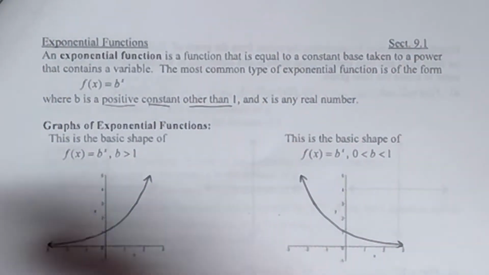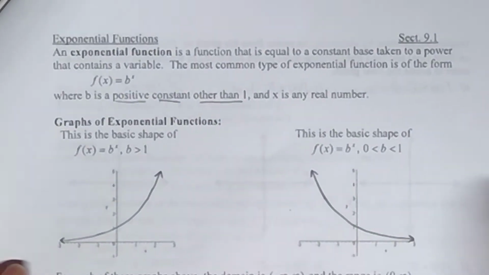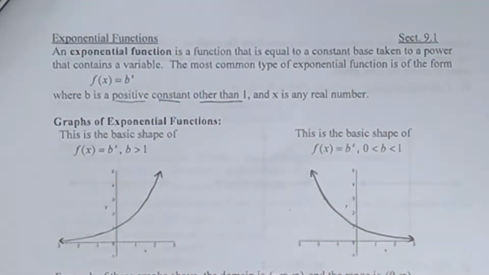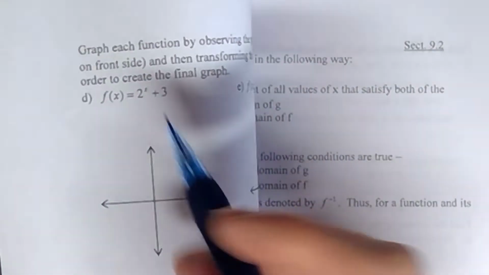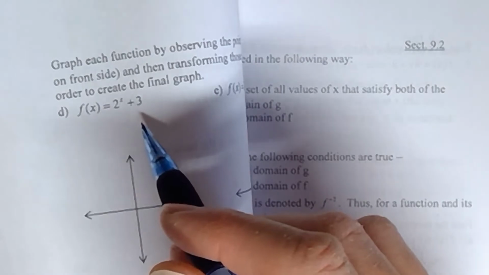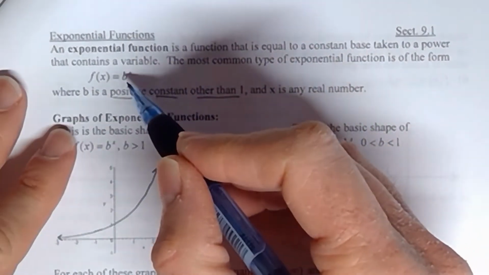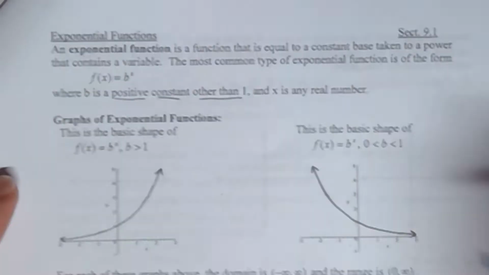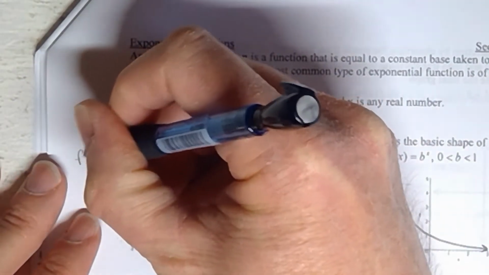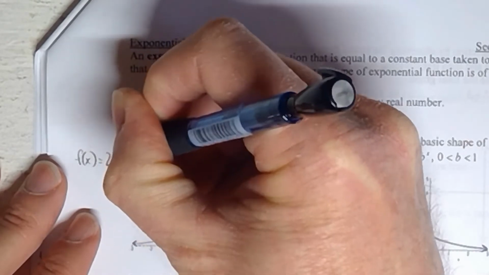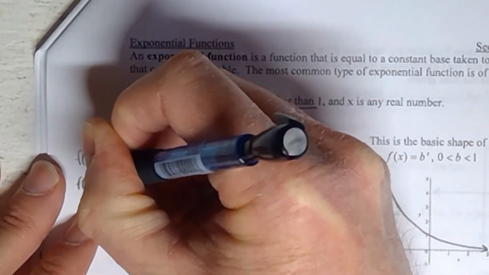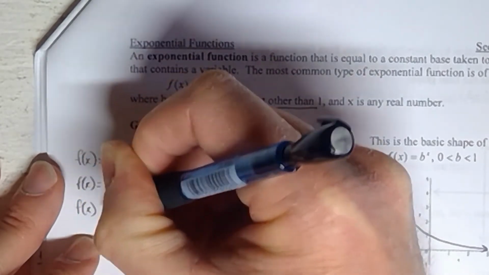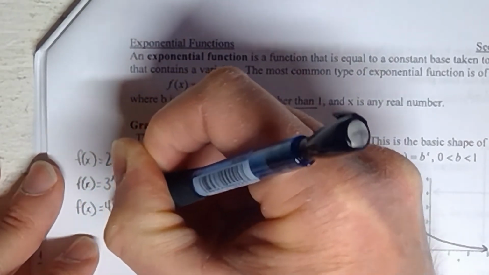All right. When you just have the constant and the x there, we'll see bigger problems on the back side of your worksheet where we kind of throw some other things in there. But when it's just the constant and the x, for example, if you had f of x equal to 2 to the x, or f of x equal to 3 to the x, or 4 to the x, or any of those different types, the graph will basically look the same.